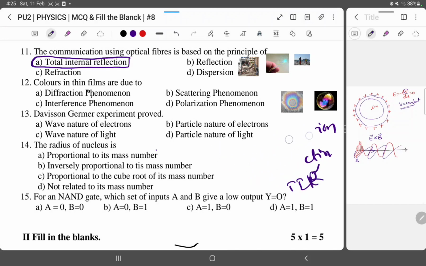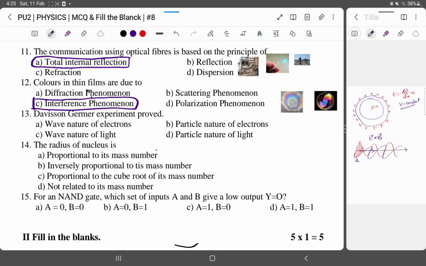Like this, there are different phenomena, but in this case, what is the answer? It is called interference. Two or more waves superimpose each other and form a different wave. So that is called interference. So here the colors in thin film, the reason is the interference phenomenon.